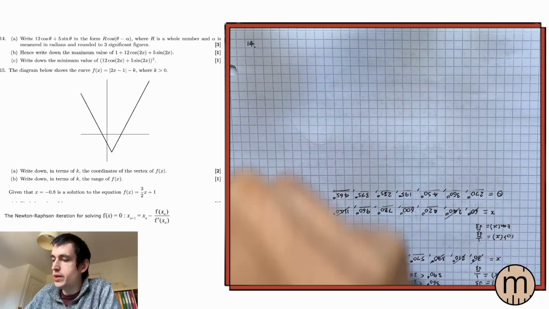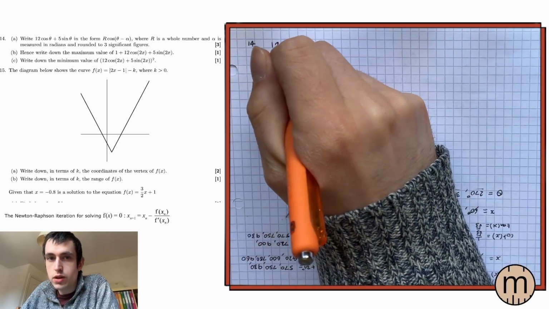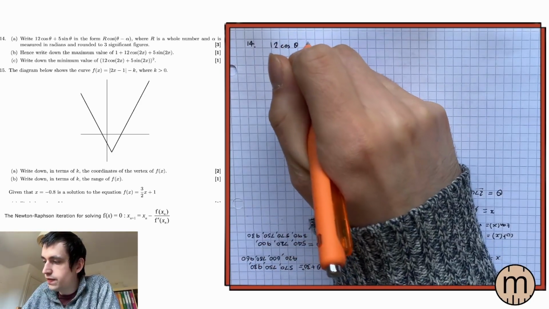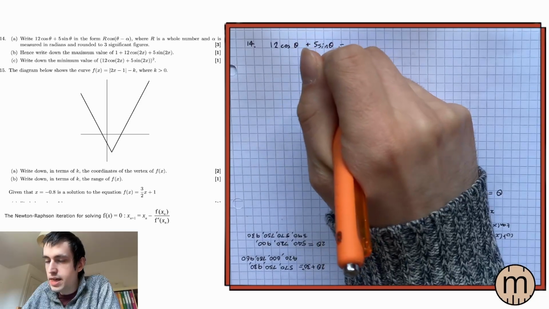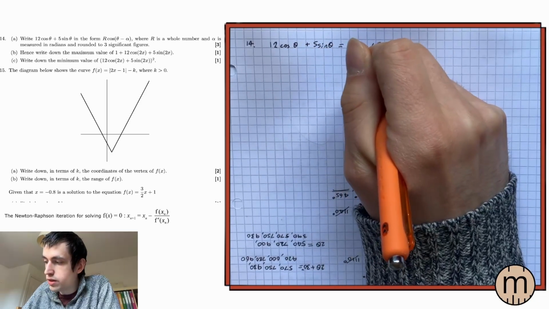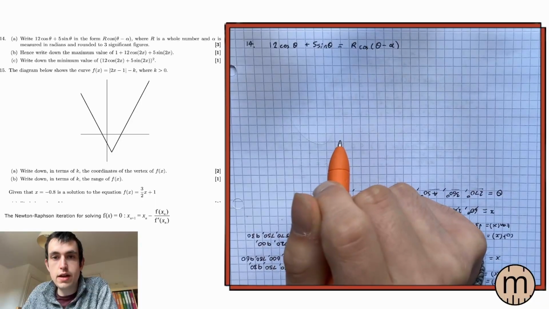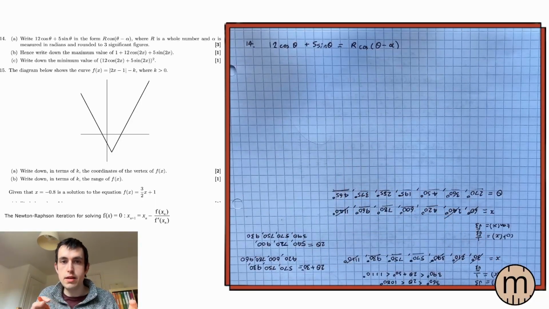In question 14, we need to rewrite 12 cos theta plus 5 sine theta in the form r cos theta minus alpha. We're told that r should be a whole number, and that alpha is in radians, rounded to 3 significant figures.